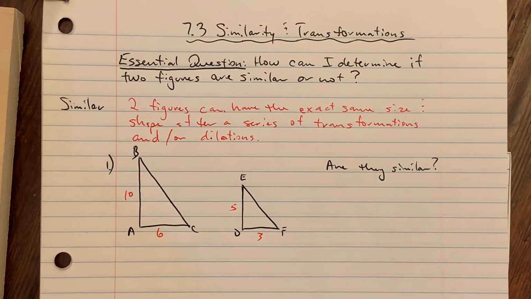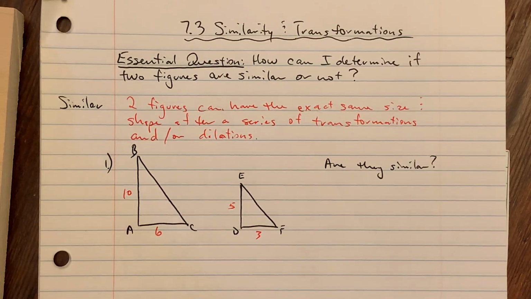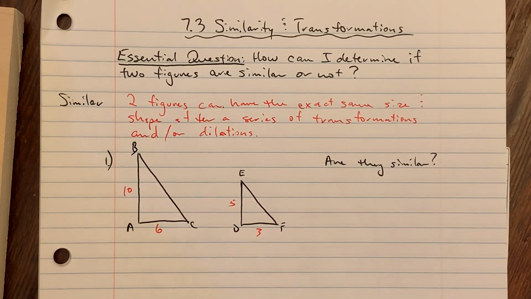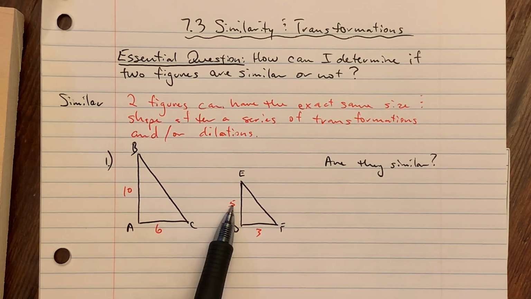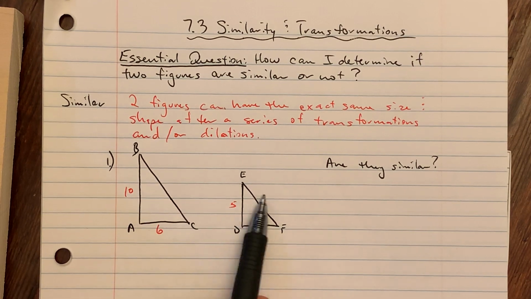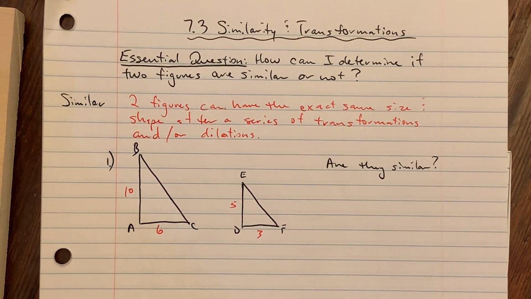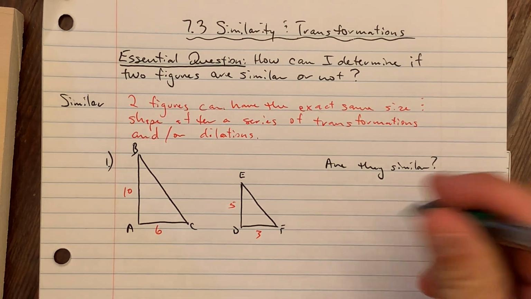Can I shrink this one down and then slide it over to overlap it? Can I dilate it? That's what we're looking to see. What I noticed is that if I dilate this by 1/2, that gets me to 5. If I dilate this by 1/2, that gets me to 3. I don't have to know that third side for a triangle.